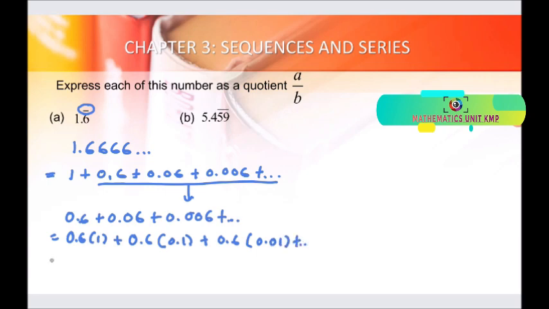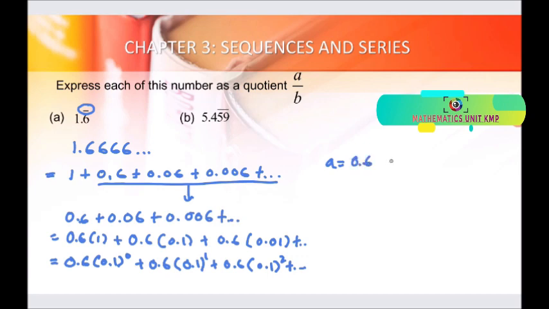And we know that here is 0.6 multiplied with 0.1 to the power of 0, plus 0.6 multiplied with 0.1 to the power of 1, and 0.6 multiplied with 0.1 to the power of 2 and so on. From here we get the information a equal to 0.6 and common ratio 0.1.